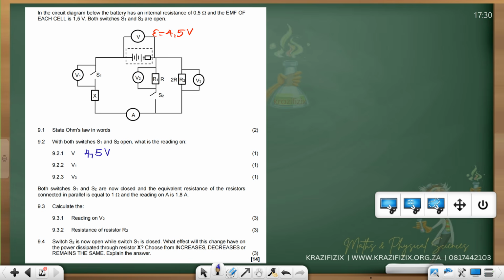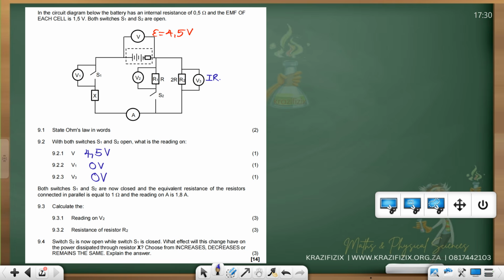What is the current along that path? 0. So V1 should be what? 0. What about V3? There is still no current, because voltage is simply I multiplied by what? R. At that point, is there any current flowing? No. 0 volts.